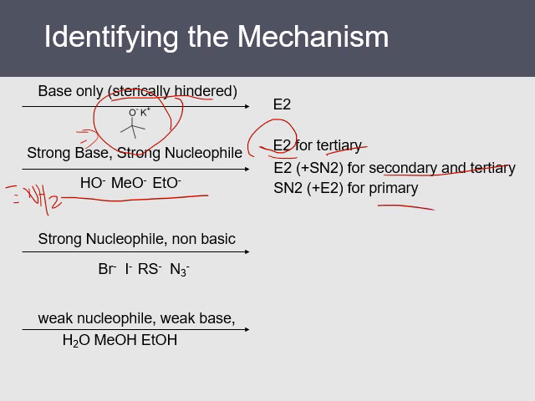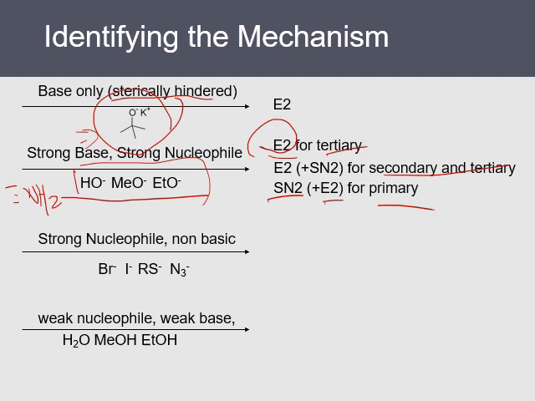If it's primary, the carbon is so exposed for attack that SN2 may become important, but E2 still participates to some degree. So for hydroxide and methoxide, it's E2 elimination, unless primary, then SN2 is the major product.